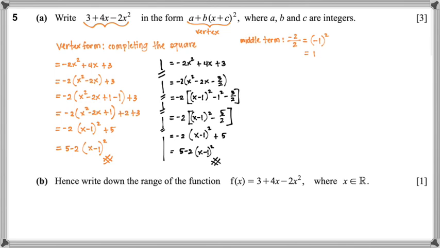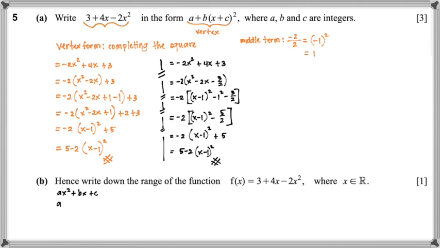Now for letter B, write down the range of the function f of x is equal to 3 plus 4x minus 2x squared, where x are all sets of real numbers. So again, if we go back to what we've learned about the value of a, the general equation of a quadratic equation is ax squared plus bx plus c.